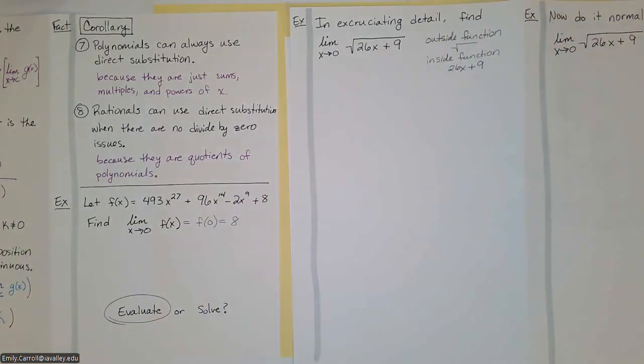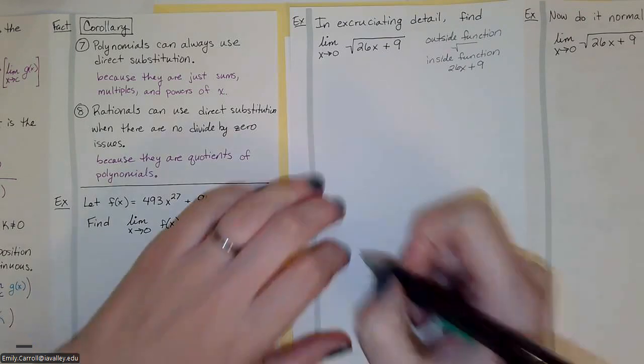So this is a composition of two functions. Now, square root of x is a continuous function, and so that limit can go inside of a square root.